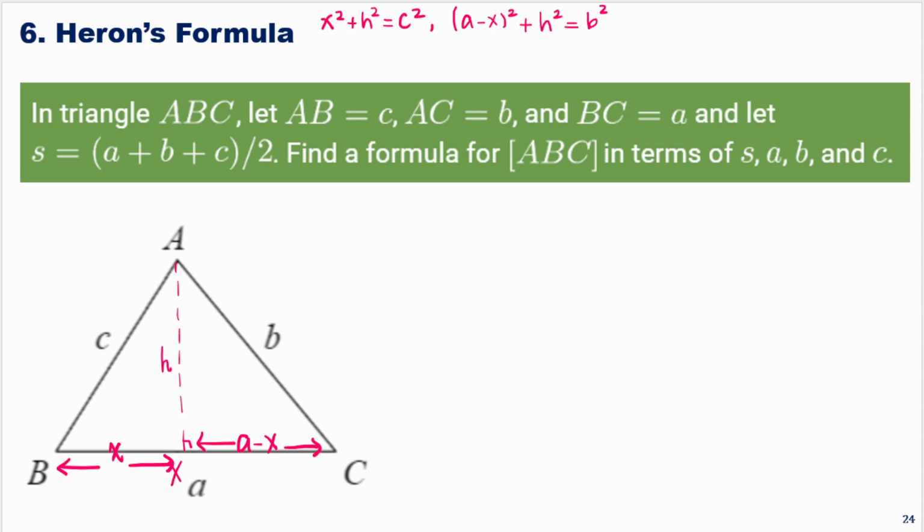Again, we can subtract the second equation from the first to find x, which gives us x squared minus (a minus x) squared equals c squared minus b squared.